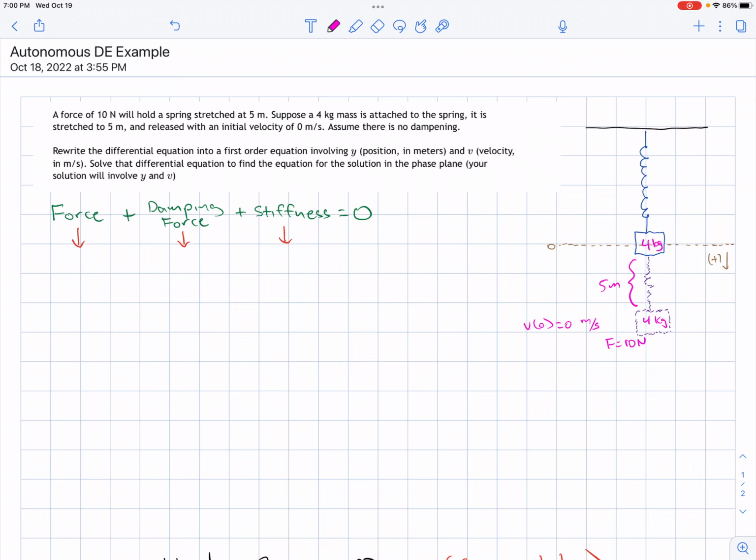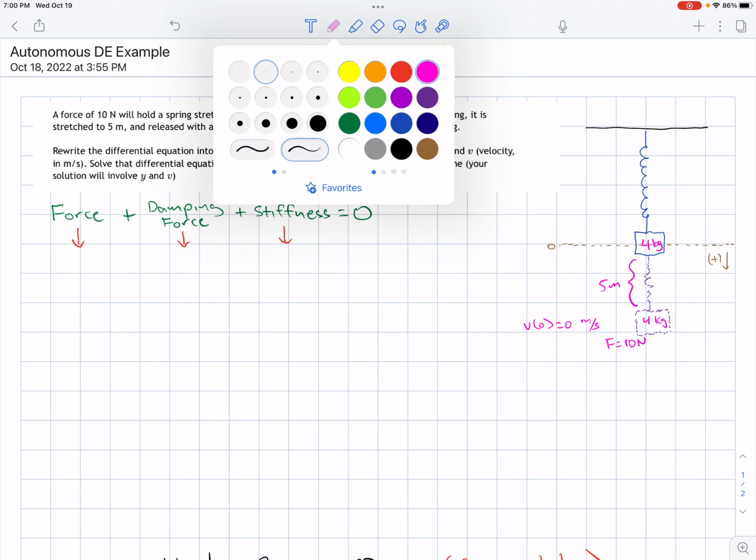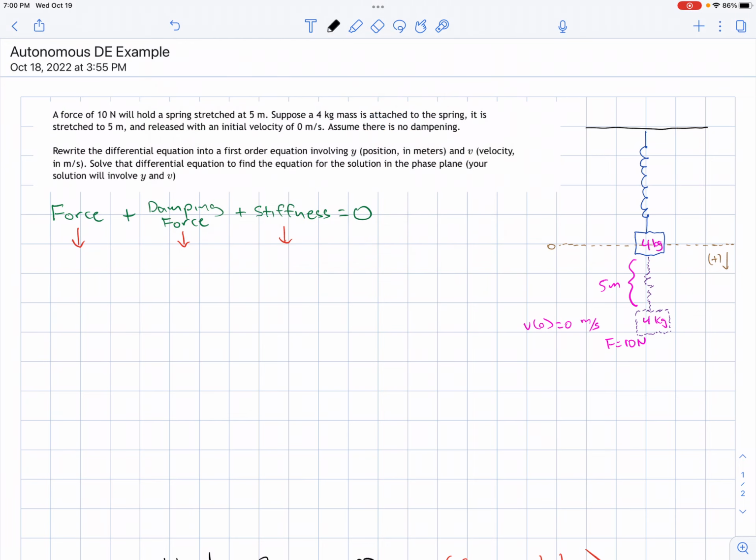So that would bring us, if we look at stuff involving force, we essentially have this equation here. We have force plus a damping force plus the stiffness. We are already saying the damping force is 0, but I'm going to at least write the equation down first.